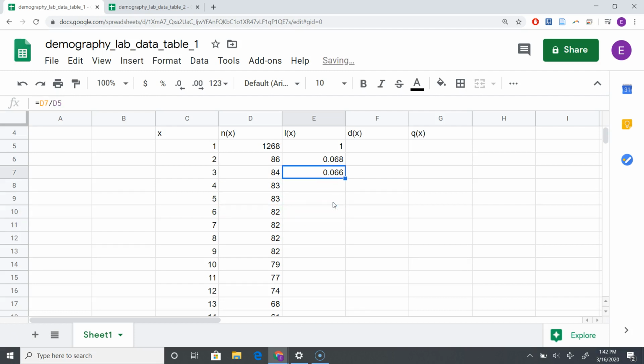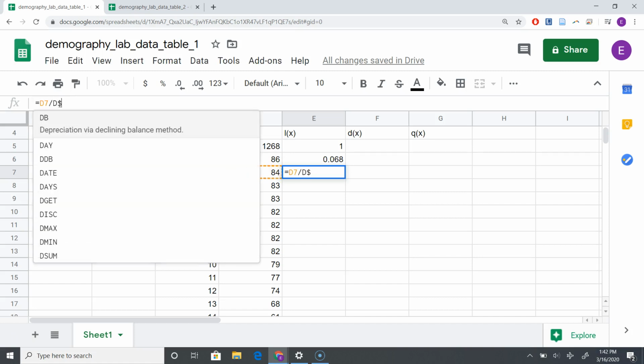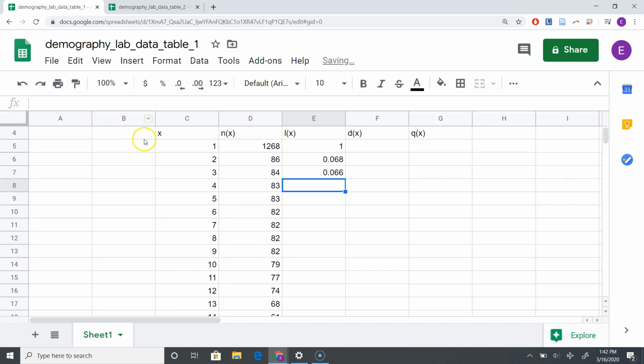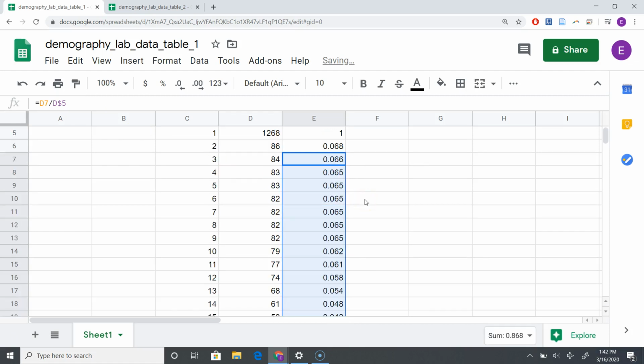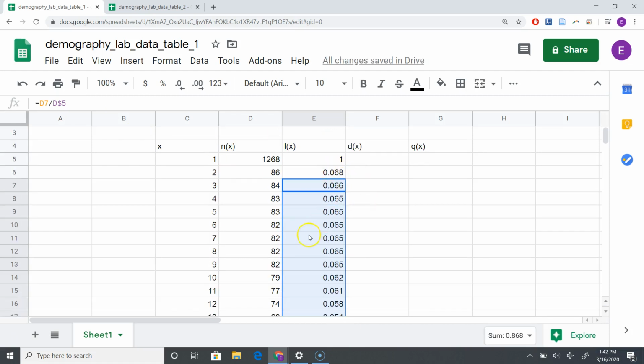But putting the dollar sign there prevents Excel from dragging that formula with you. Oh, hit the wrong button. Divided by D, dollar sign, 5. Cool. Let's go ahead and drag this down. I think those numbers look reasonable.